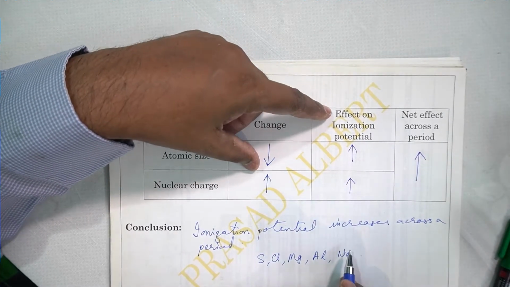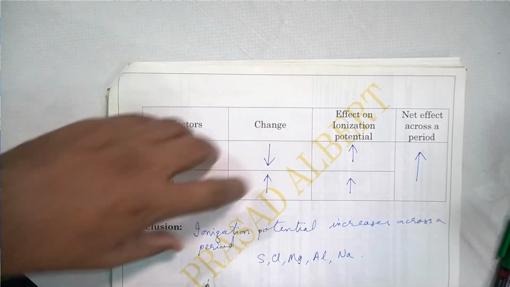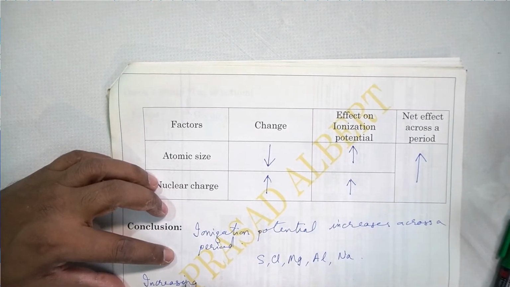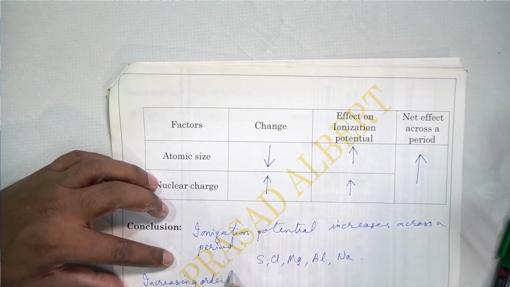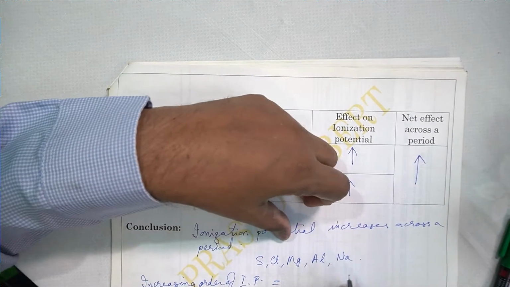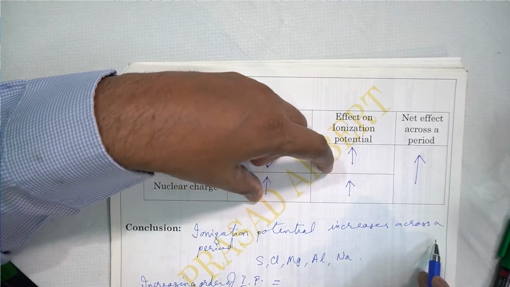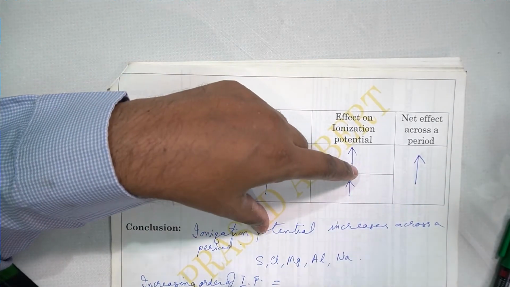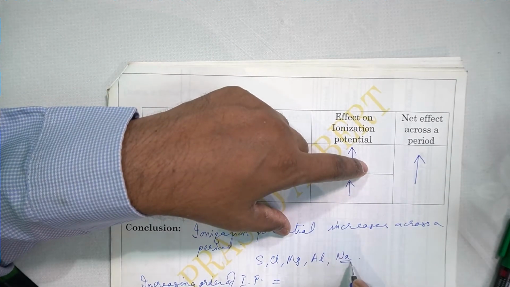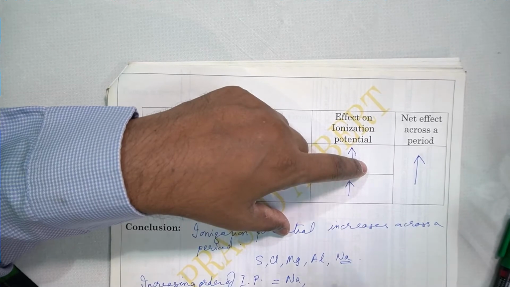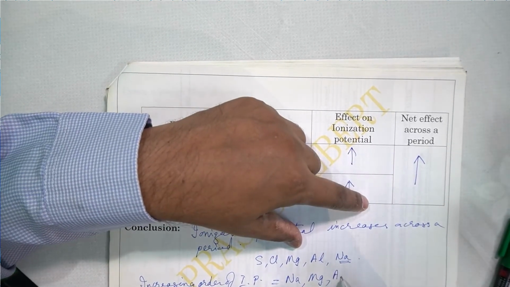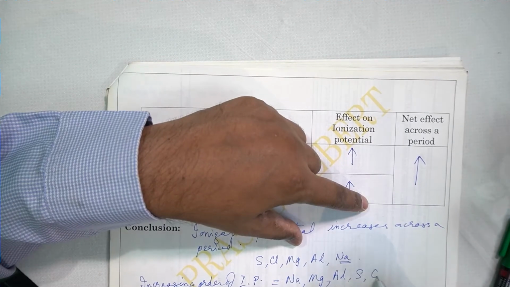So what will be the increasing order of ionization potential? We have seen ionization potential increases across, so left to right it is increasing. The element at the extreme left is sodium, then comes magnesium, then aluminium, then sulfur and chlorine.